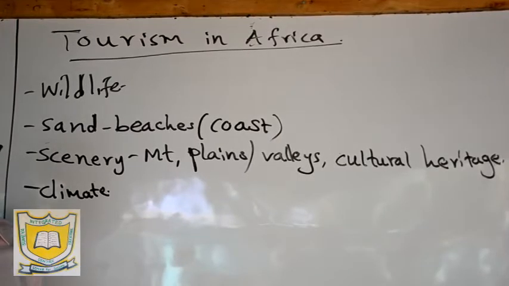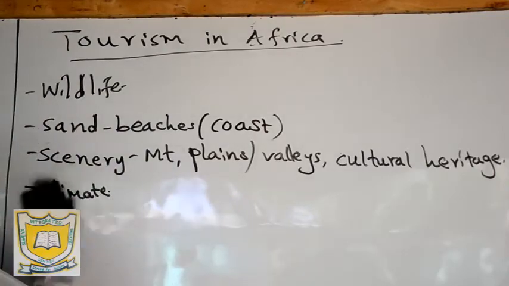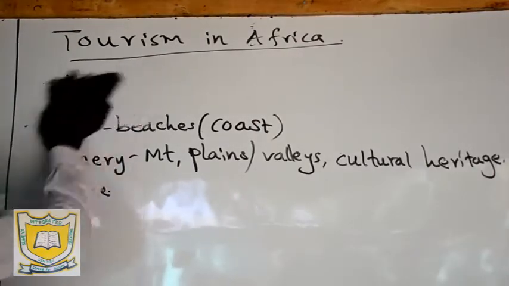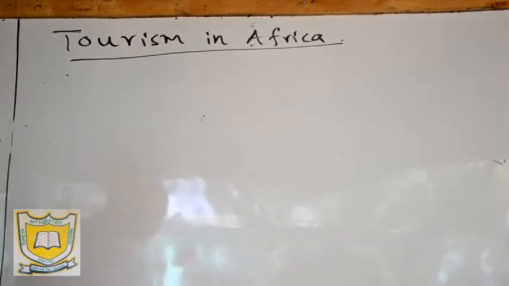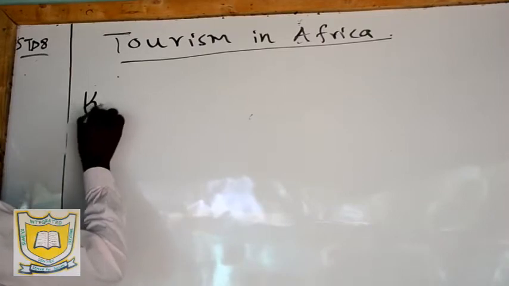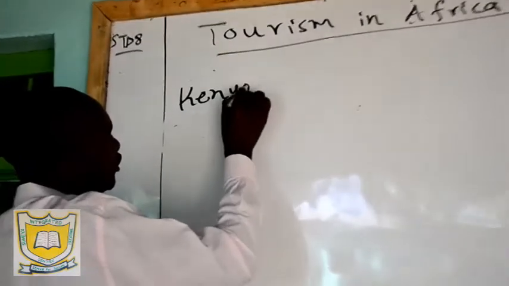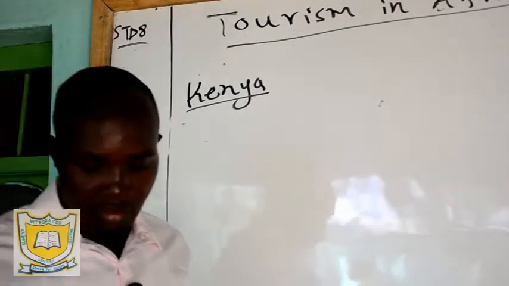Now we want to look at the main tourist attractions in Africa, and we are going to look at different countries. We are going to look at Egypt or Kenya. Sorry, let us start with Kenya. So we are comparing these countries, the tourist attractions in these countries.